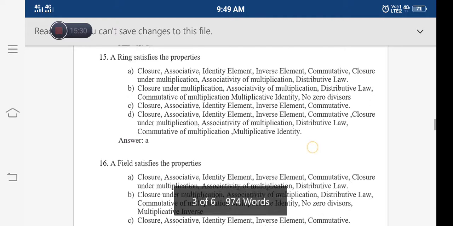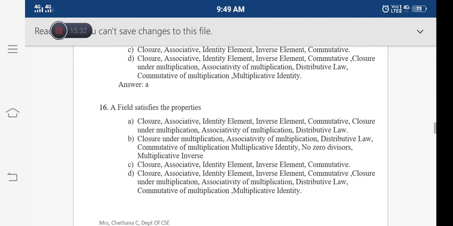Then field. In the case of the ring, for the second operation we have limited options. For the field, there are other properties to be satisfied for the second operation. Obviously for the first operation it must satisfy all the abelian group properties, and for the second operation it must again satisfy all the abelian group properties.